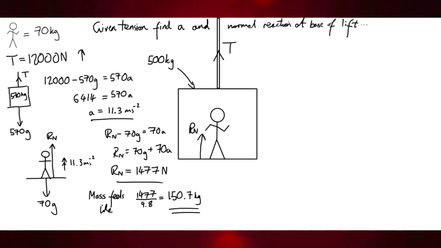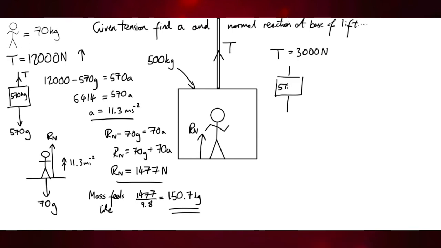Right, let's move over to this side. We're going to say that instead of having a tension of 12,000, we're going to have a tension of 3,000. So straight away we know it's going to be going in the other direction. Draw the overall diagram again to start with.